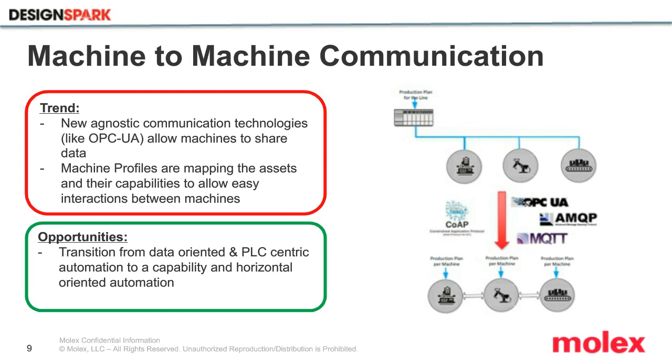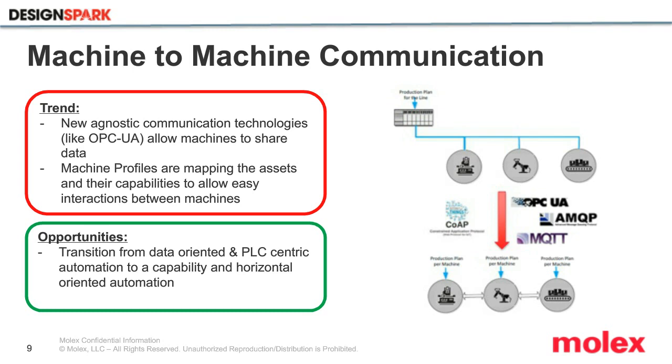A long-proven communication technology called OPC UA is getting a very strong focus nowadays to interface these complex devices or modules within a machine. So OPC UA is an agnostic communication technology.